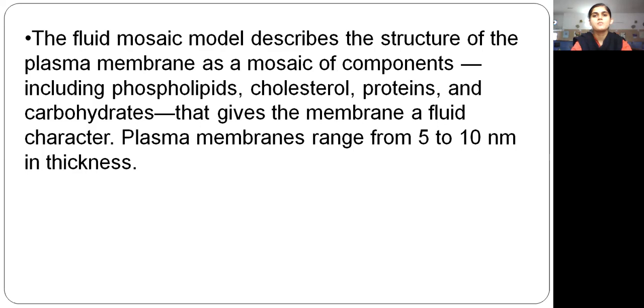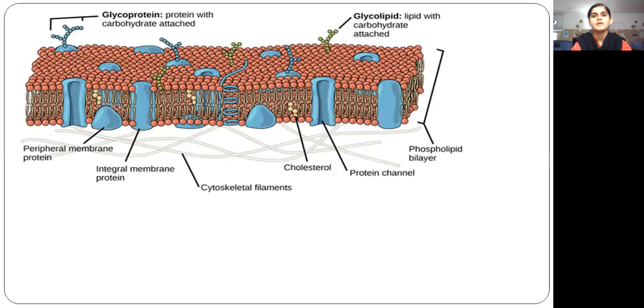The fluid mosaic model describes the structure of the membrane by its basic components: membrane lipids, membrane proteins, and membrane carbohydrates. This gives it its fluidic character, and the membrane ranges from 5 to 10 nanometers in thickness.